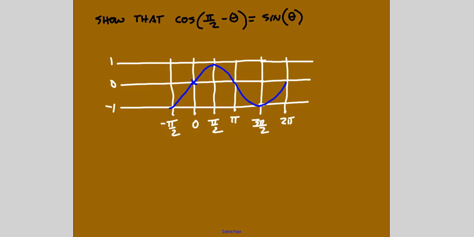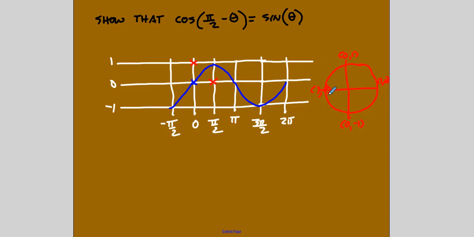Then cosine of 0 is 1. Again, this is because of the unit circle, the coordinates on the unit circle. This is 1, 0, 0, 1, negative 1, 0, 0, negative 1. So cosine of 0 is 1. Cosine of pi over 2 is 0.